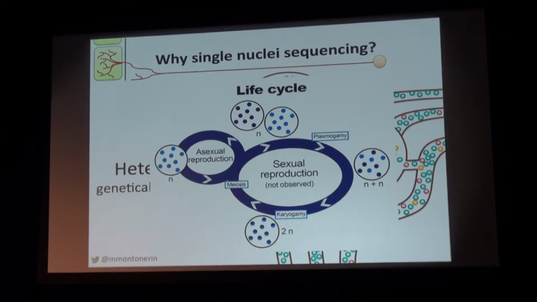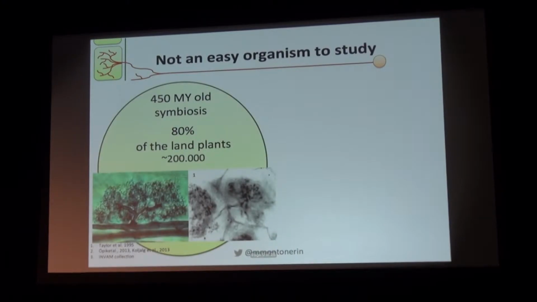But now, how come for such an important organism for plant growth, we don't know such basic things like karyosis or reproduction? As many of you probably know already, it's not an easy organism to study, like many fungi.